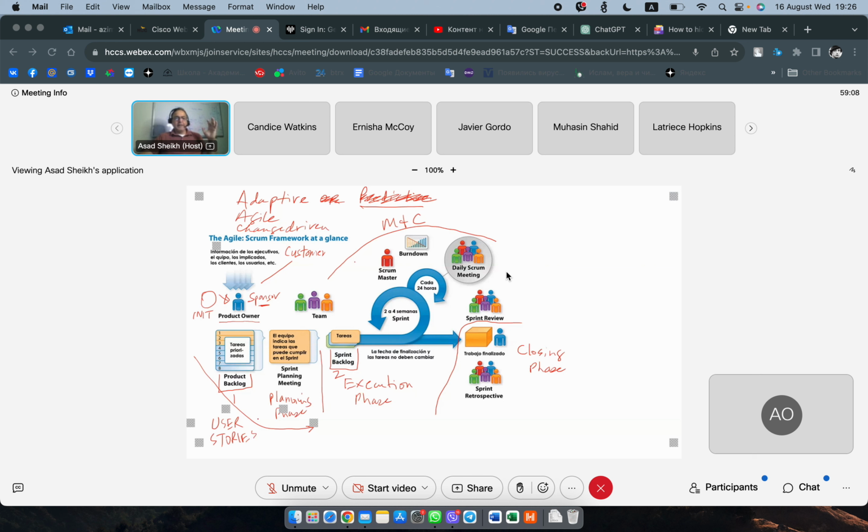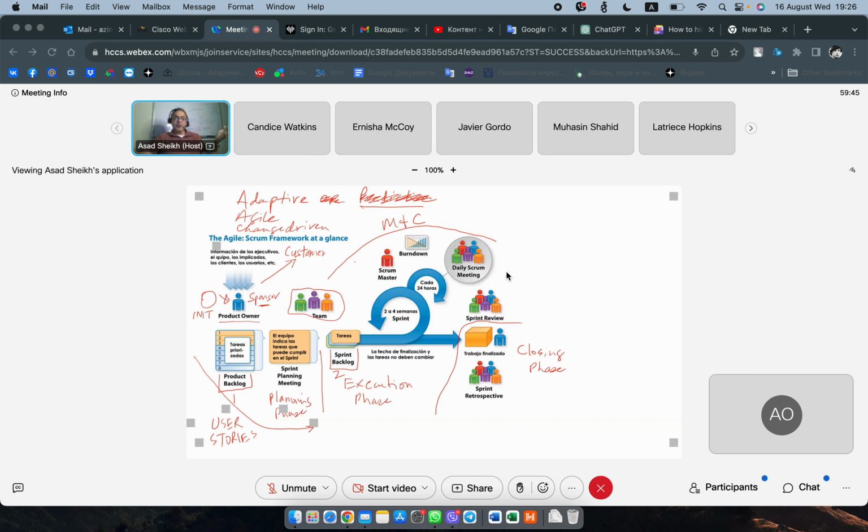So they have 8 requirements, 8 user stories, and we'll touch on what a user story may look like in a few minutes. But for right now, just think of the customer, the sponsor, the product owner going to the customer. Remember, in the predictive, the team goes to the customer and says, what do you need? Here in Agile, the product owner goes to the customer, not the team. The team is right here.